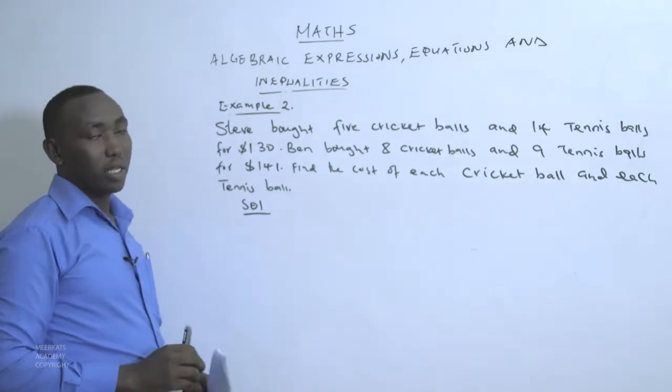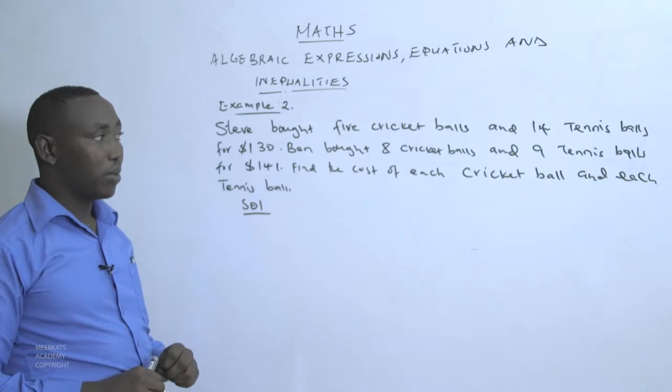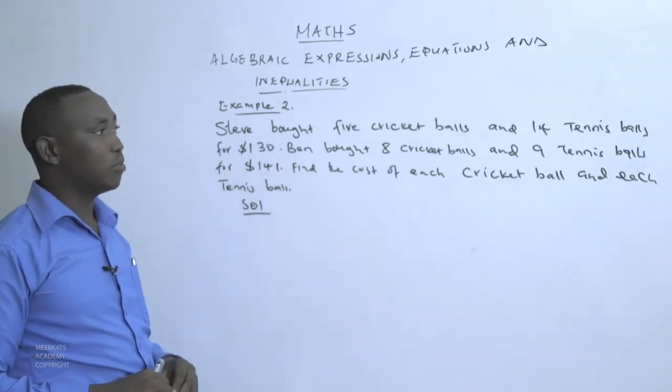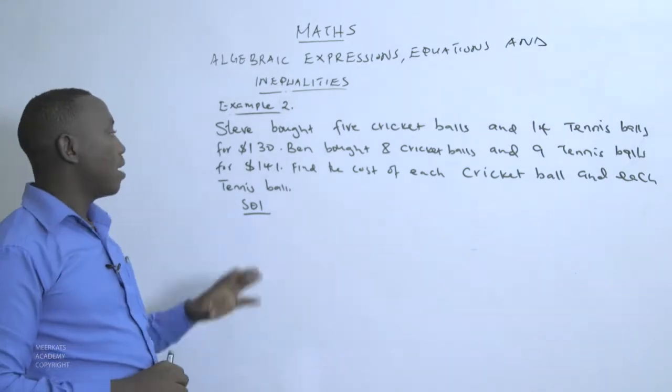Solution. So the first step is coming up with 2 pronumerals to represent the cost of 1 cricket ball and 1 tennis ball, because that is what the question wants.